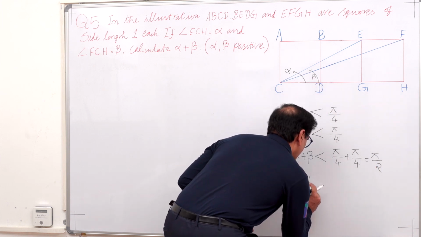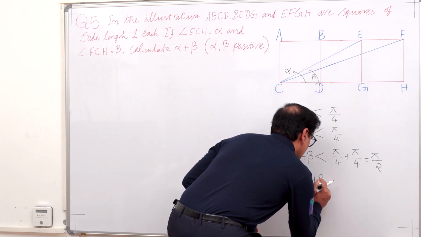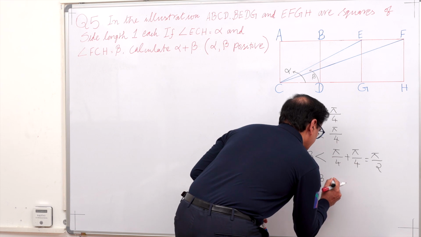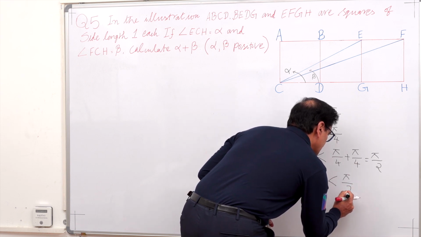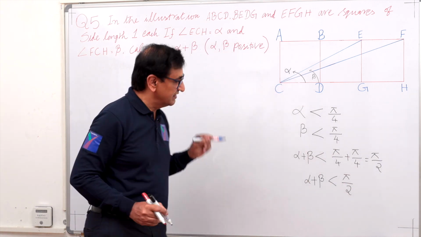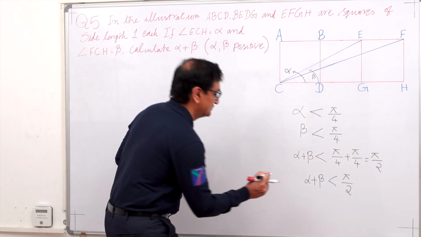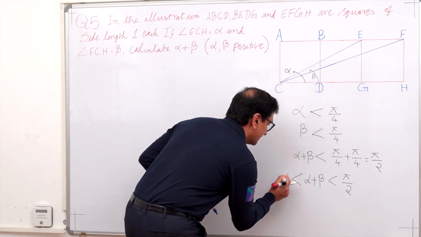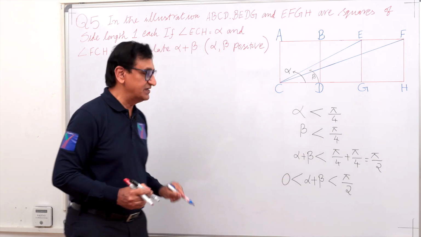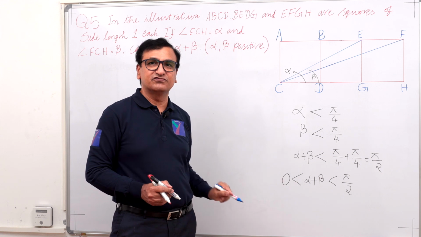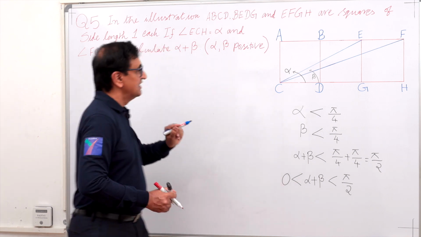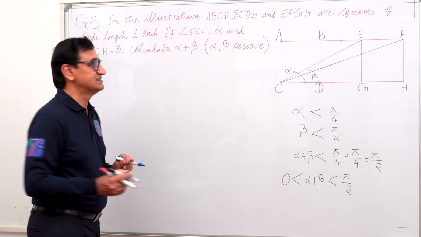Therefore, alpha plus beta is less than pi by 2 and it is also greater than 0. So, alpha plus beta lies between 0 and pi by 2. This is a very vital piece of information which we will use later. Let's come to the solution.